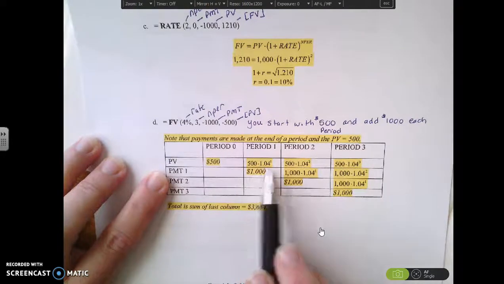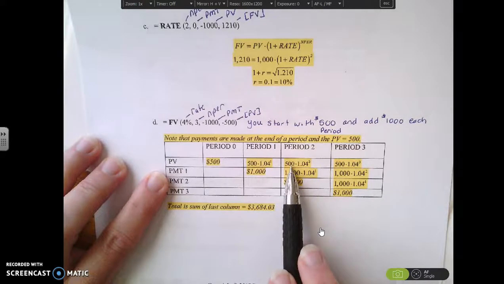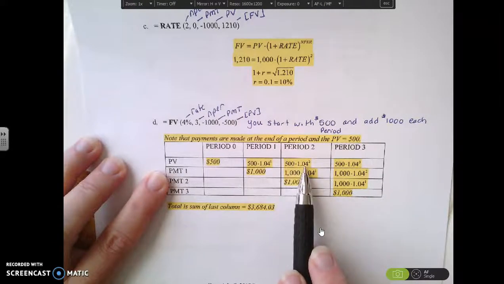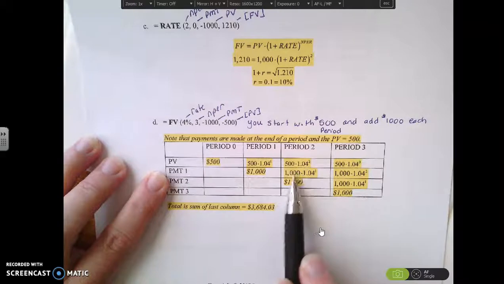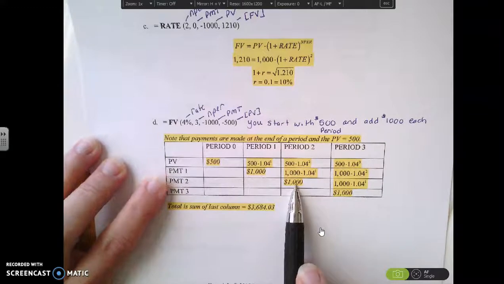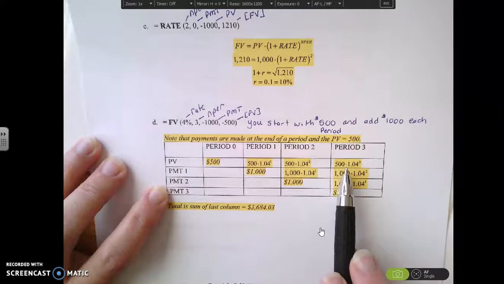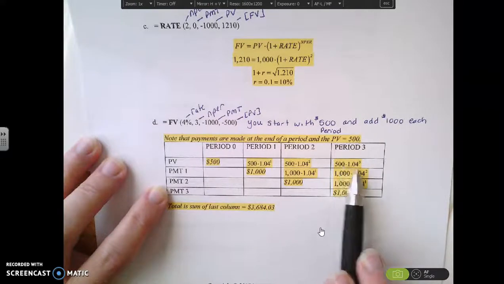At the end of the next month I now have the $500 in the bank that's gotten interest twice now. Now I've got $1,000 in the bank also that's going to get interest, and I'm putting another $1,000 in the bank. Then at the end of the last month, same thing. I had $500 in the bank from the very beginning that has added interest 3 times.